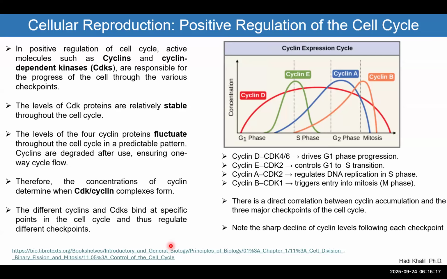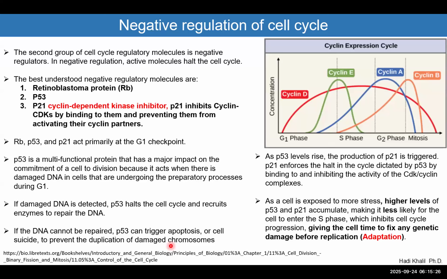If we want to negatively impact the cell, well, all this has to be checked in order for the cell to proceed. And in case there is damage, there is a system that can block these activators, cyclins and cyclin-dependent kinases, and therefore the cell will stop the division. So it can happen. In this example, we have two different aspects that are blocked, and they are mentioned here.